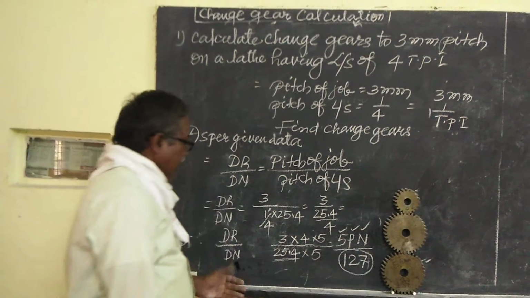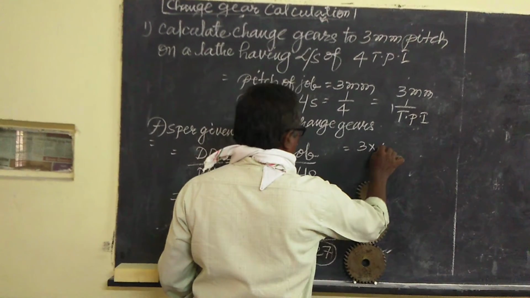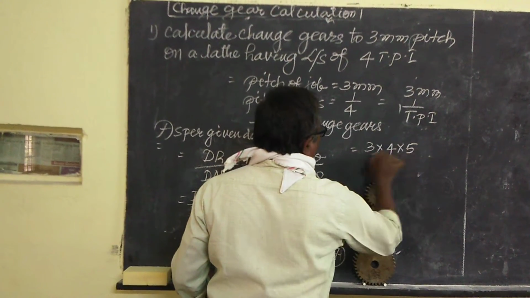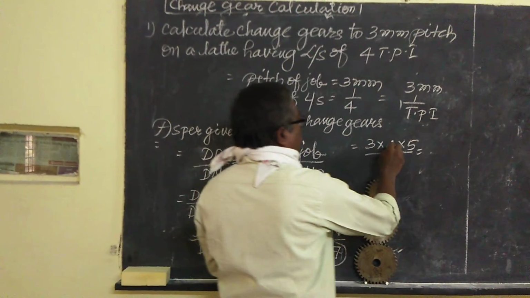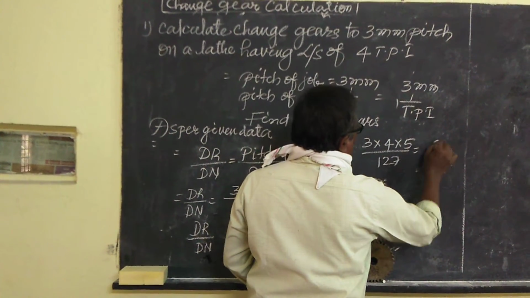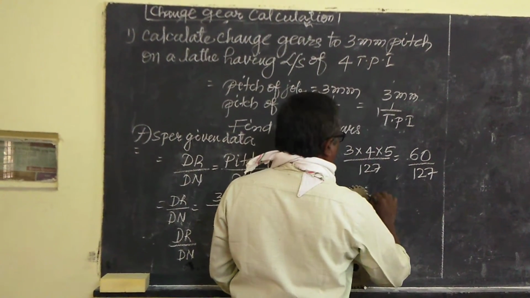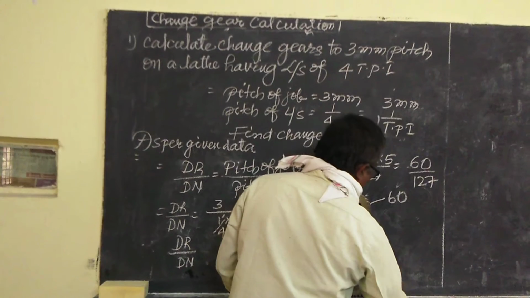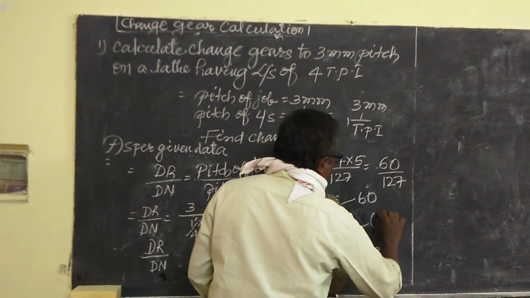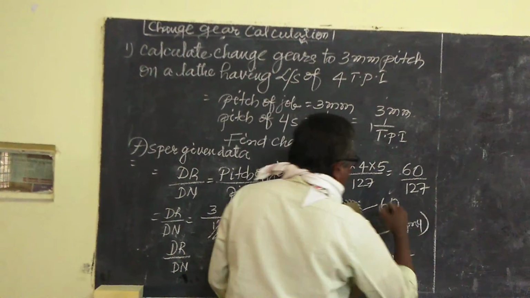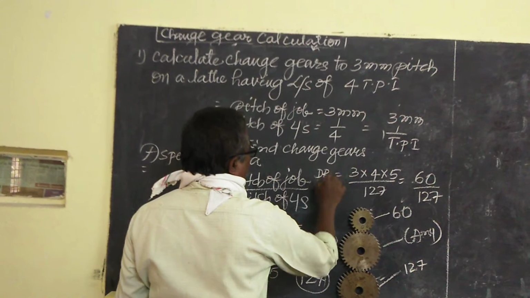Then we multiply 3 into 4 into 5 by 127, that is equal to: 3 4s are 12, 12 5s are 60. 60 by 127. Driver gear 60, driven gear 127. So this is the gear calculation, dr by dn.